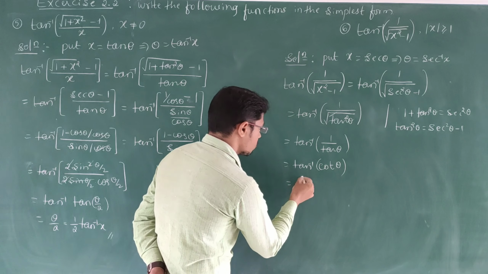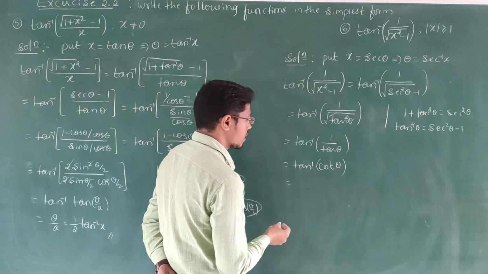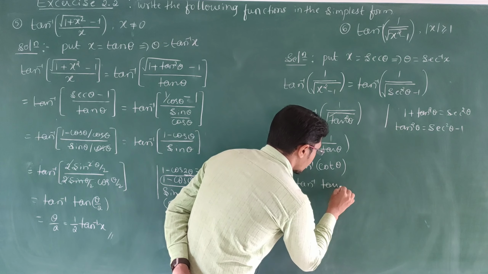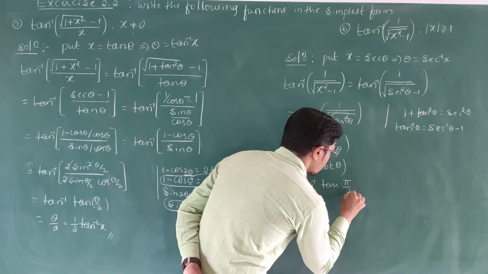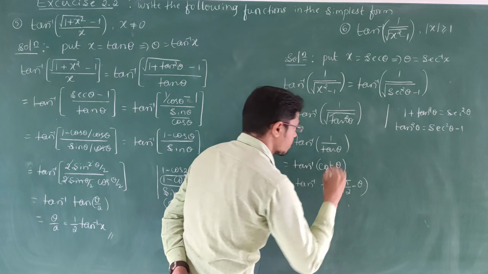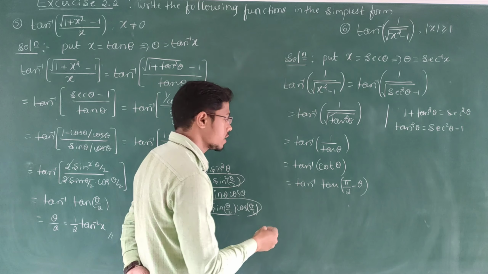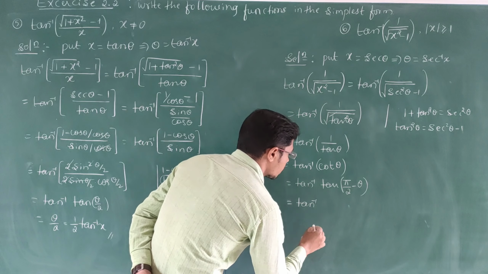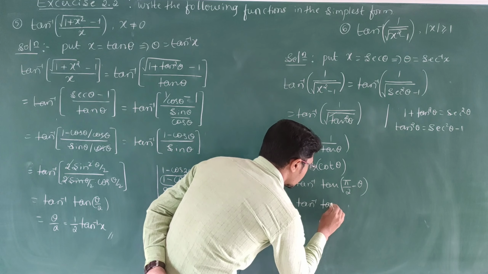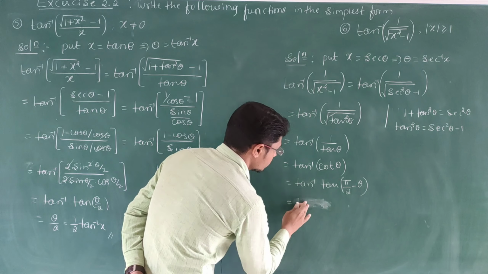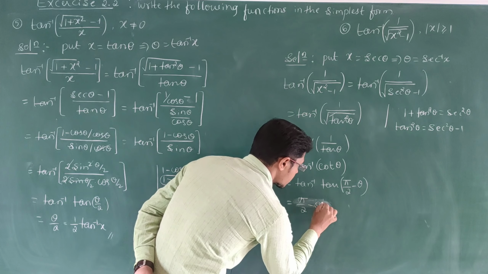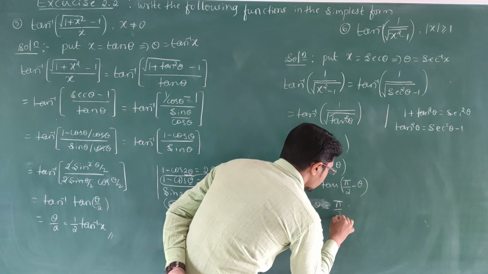Convert this cot theta into tan theta, that is tan inverse of tan of pi by 2 minus theta. The tan inverse and tan get cancelled, remaining is pi by 2 minus theta.